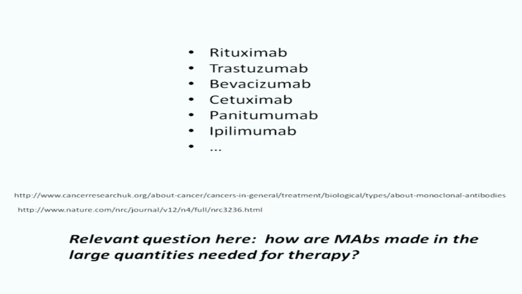So, how do you produce the large quantities of MAB that are needed for therapy? The answer is through something called a bioprocess. Let me leave it there for the time being, and we will keep visiting this bioprocess, and then I will tell you what that is.